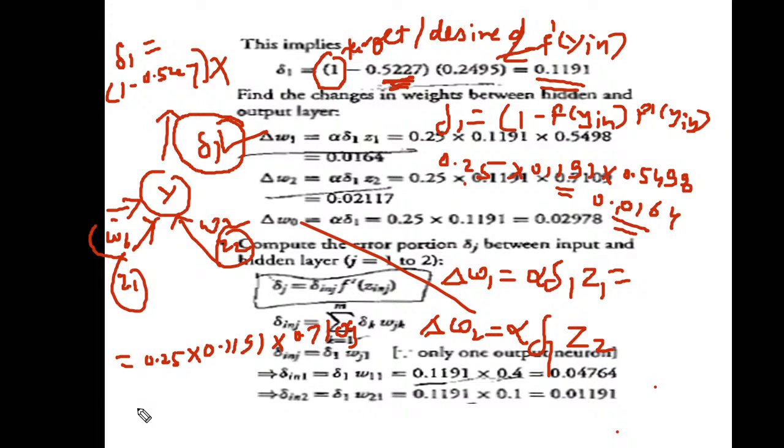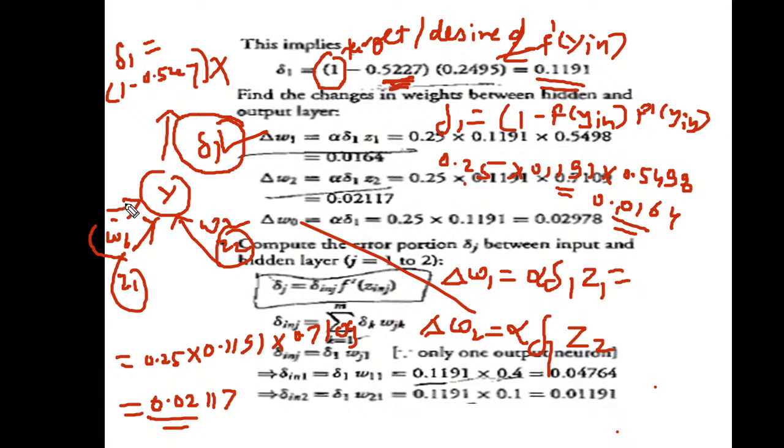If you calculate, you will get 0.02117. So this is the change in weights of W1 and the change in weights of W2.